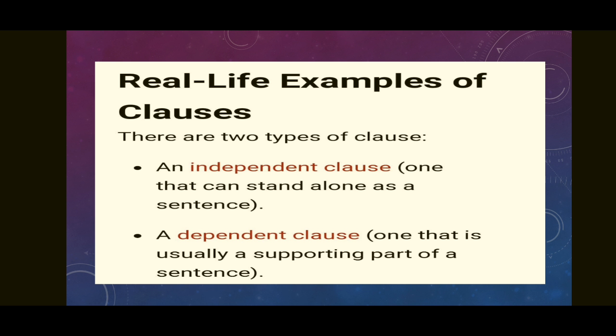That means one that is usually a supporting part of a sentence. This dependent clause is further divided into three kinds: a noun clause, a relative clause, and an adverb clause.